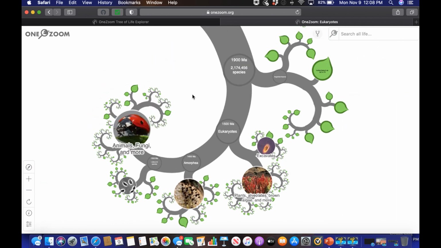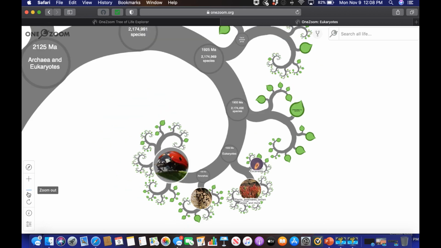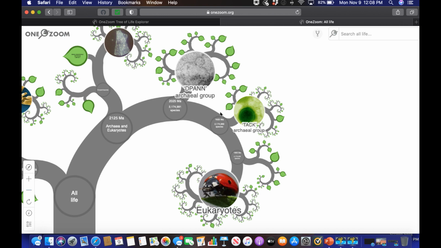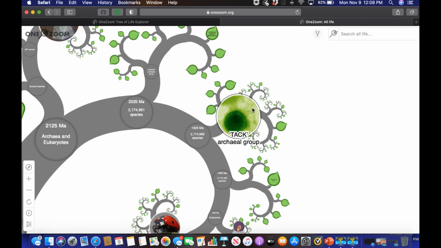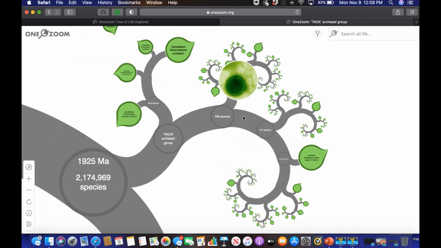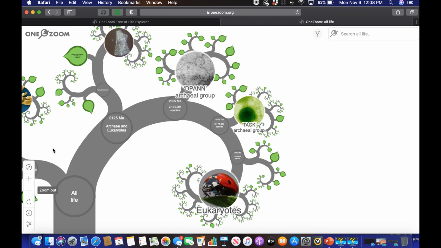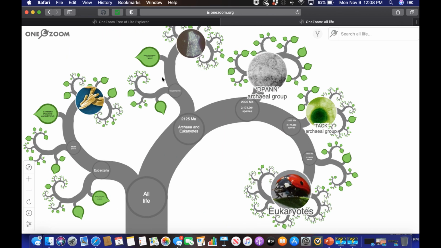So it's a really cool website to look at if you want to get into more detail. It's a little stuck right now. And then the archaea group, which probably has to do with any kind of bacteria that, like I said, lives in extreme environments. You can see it here. So pretty cool website to look at.